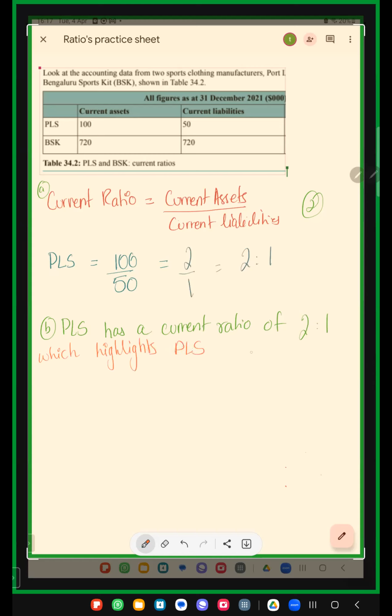PLS has double the assets as compared to their liabilities, which means.